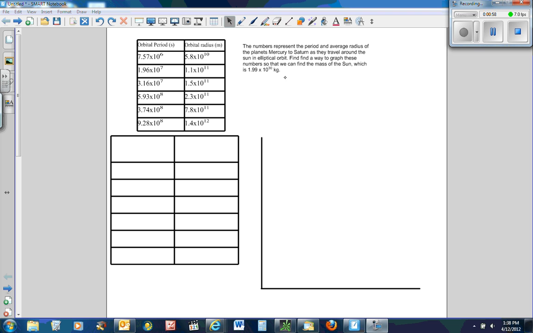So if you look in your book, or I don't know if it's on the equation sheet for sure or not, it's part of Kepler's law.